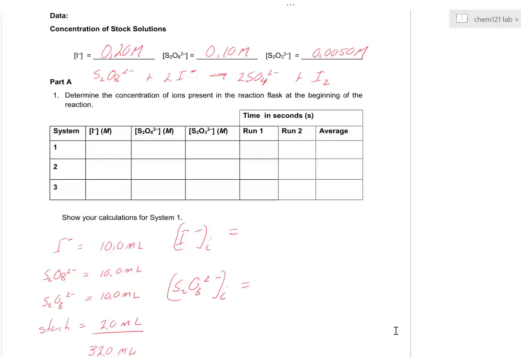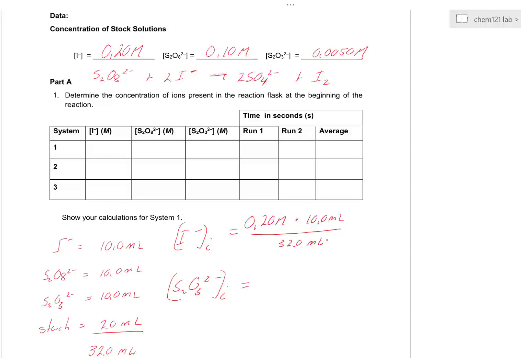In order to calculate the initial iodide concentration in the reaction beaker, we need to first consider the stock solution concentration, which was 0.20 molar, and then we multiply by the volume that we took, and divide by the total volume. Now I realize that when we're working with molarity, we really should be using volumes in liters.